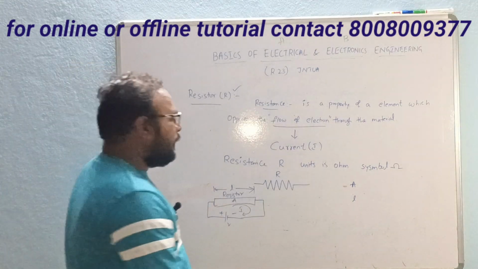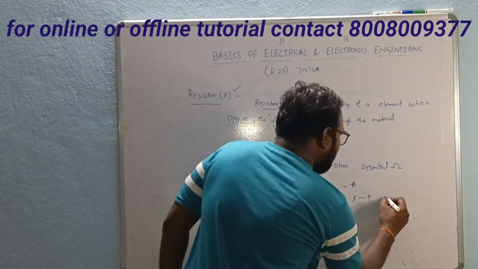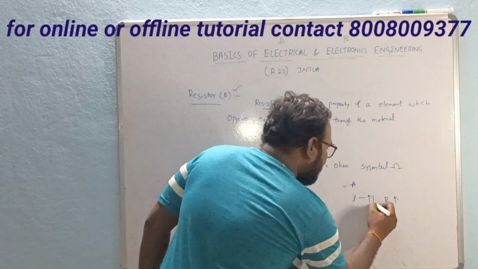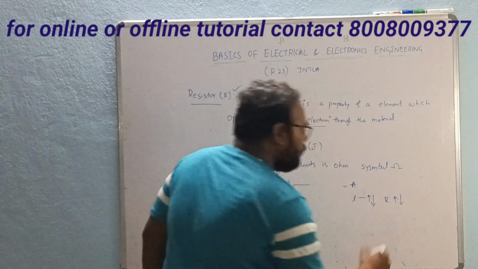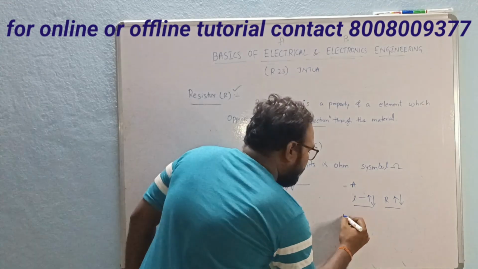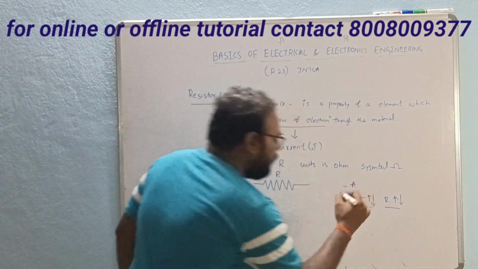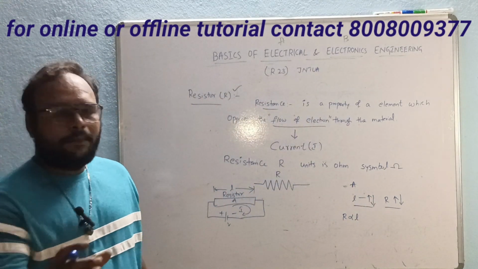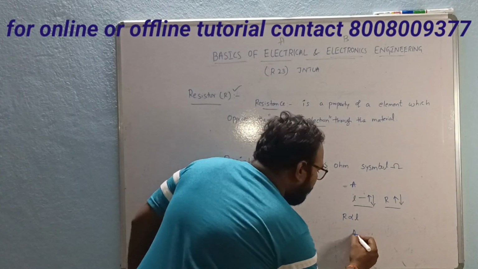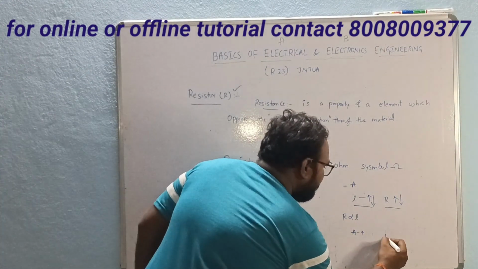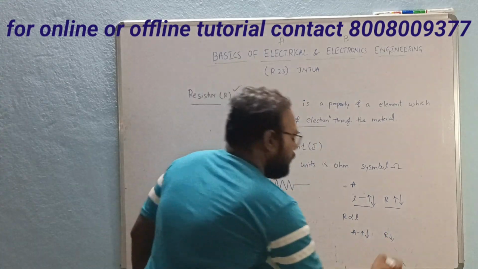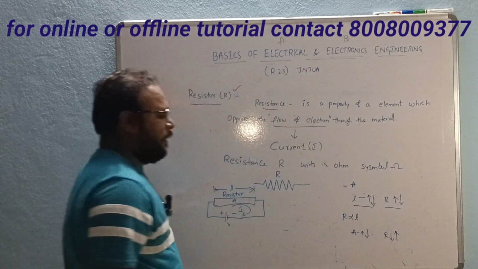If the length is increased, resistance is also increased. If the length is decreased, resistance is also decreased. So R is directly proportional to the length of the element. If the cross sectional area is increased, resistance is decreased. If the cross sectional area is decreased, resistance is increased.